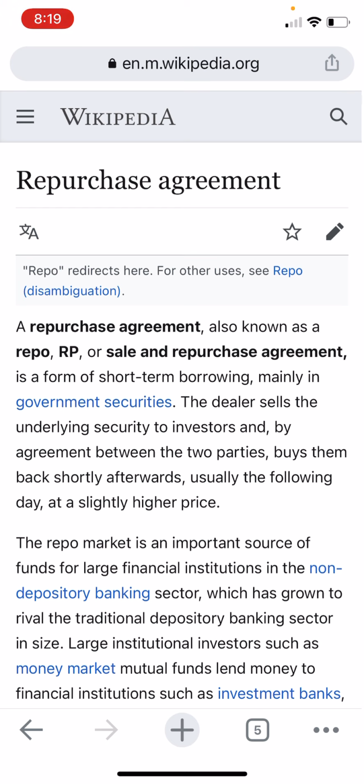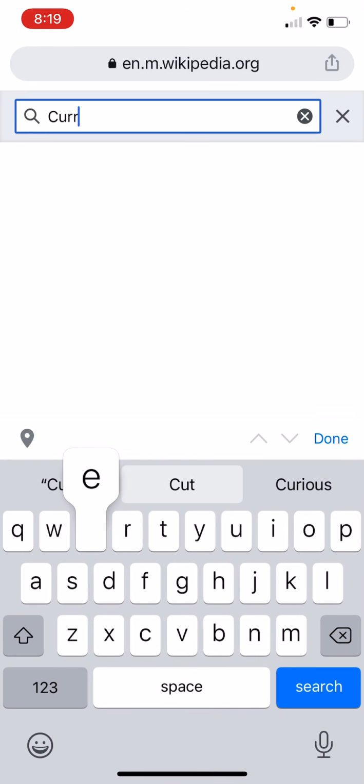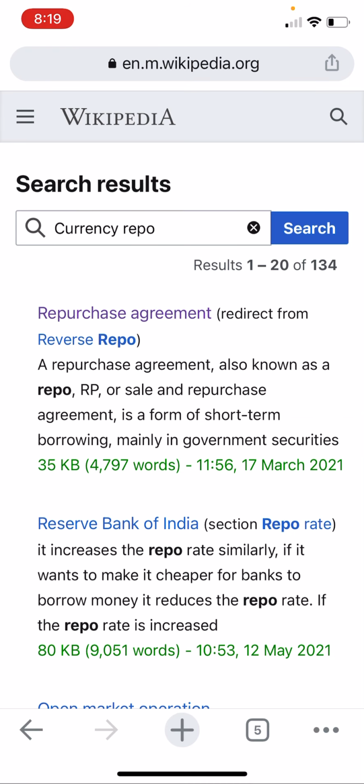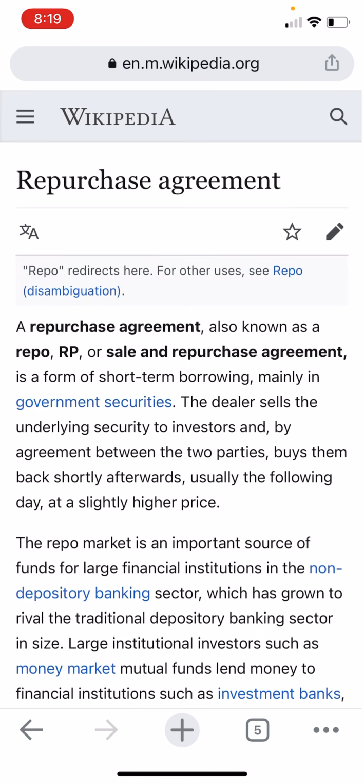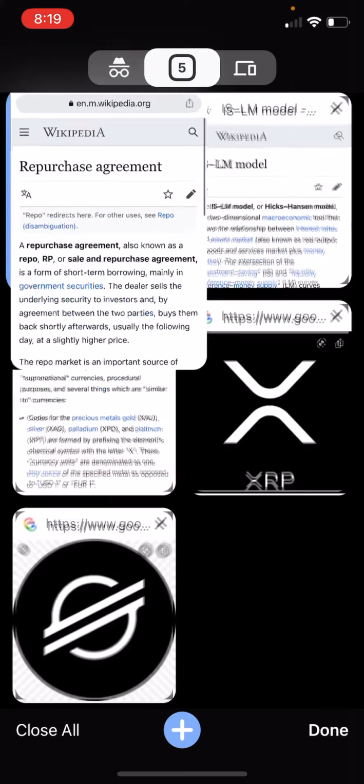It is the store of value that will be used for the repurchase of a different currency or a different form of value. I believe it'll probably just be currencies. It could be something else. We can even look it up now. We can type in currency repo, repurchase agreement. Yeah, you can look up currency repo and learn more about it.